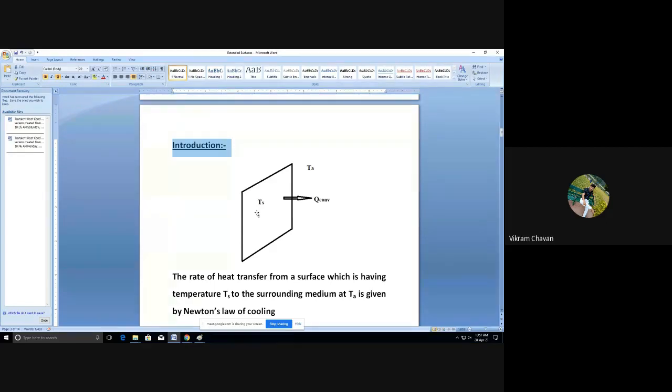Great, no doubt. Okay, so draw this figure. Freehand sketching is required.